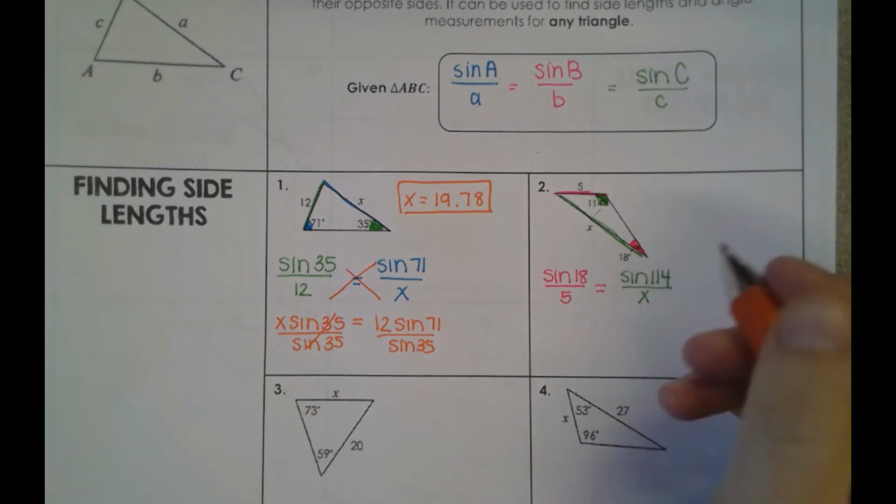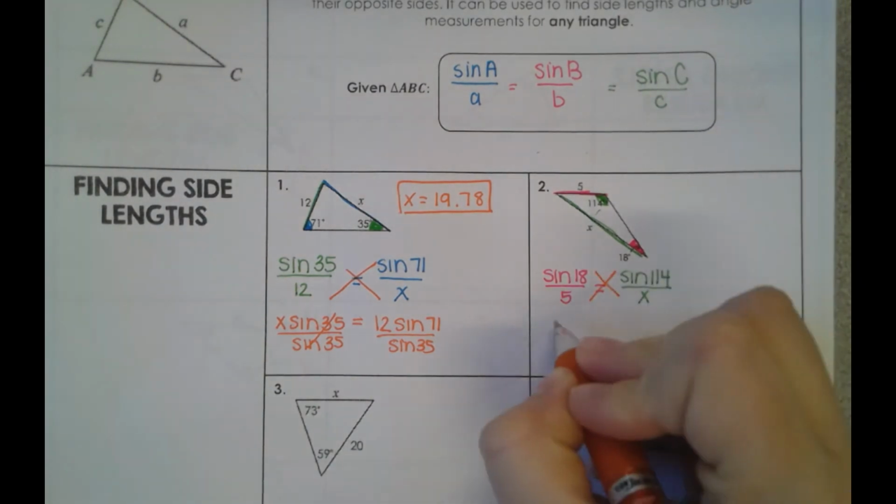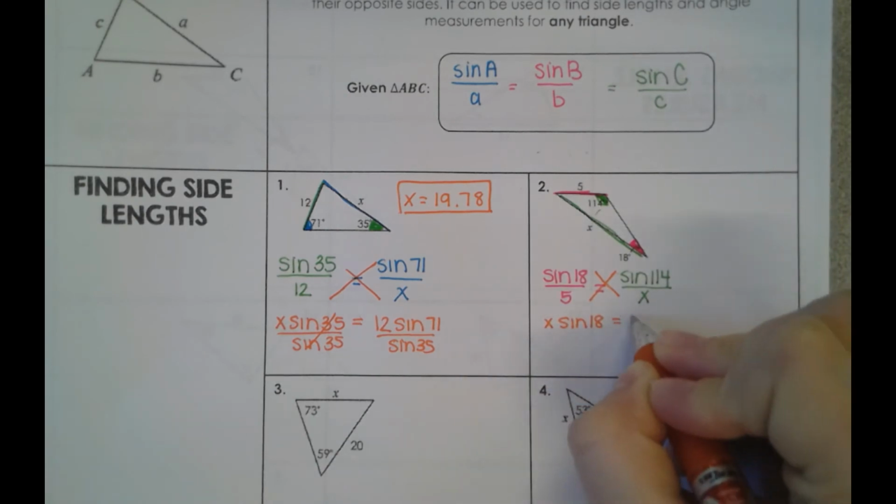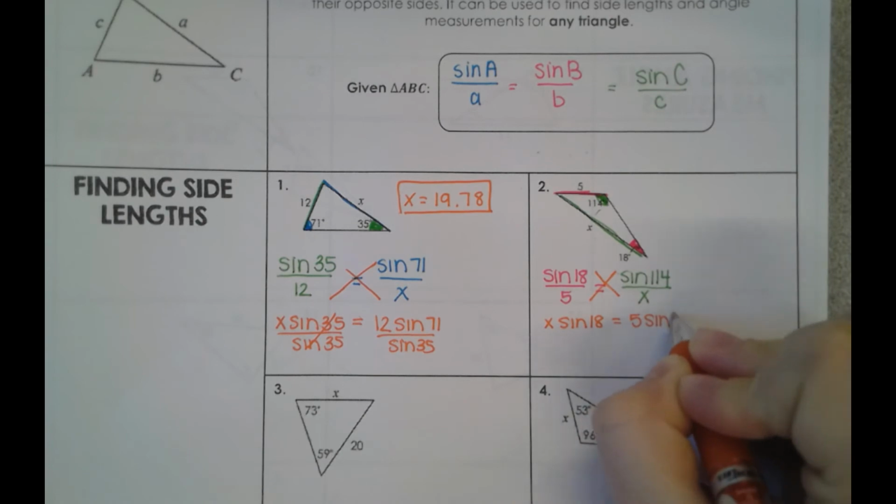So when we cross multiply, we get x sine of 18 equals 5 sine of 114.